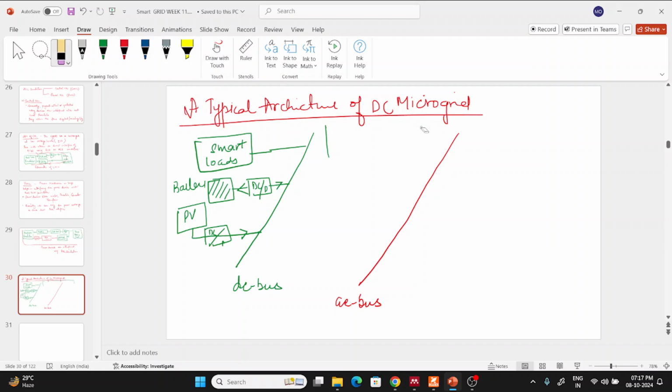Just a second. Then comes here a point of a PCC which is connected to the grid. Okay, this is grid. This is PCC.